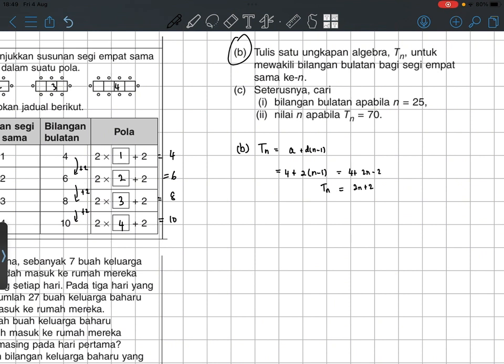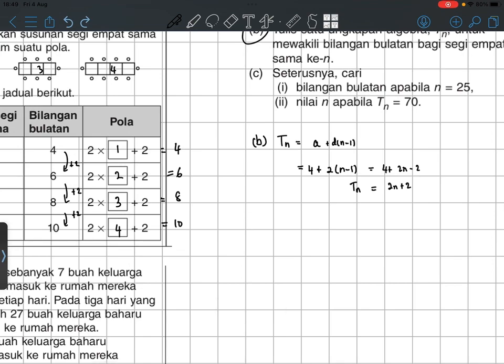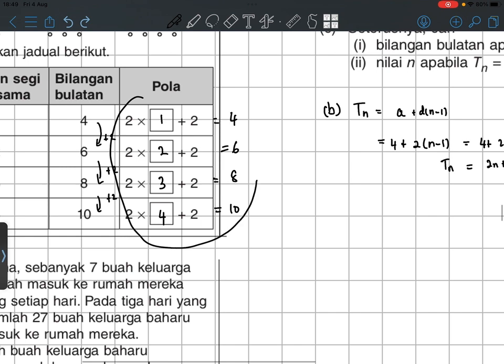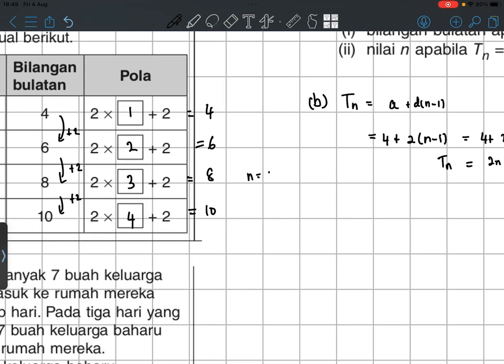So I believe you already learned about this, right? For IGCSE, but for KSSM, I don't think so. But you can actually see it over here. You can let n be 1 2 3 4 dot dot dot.